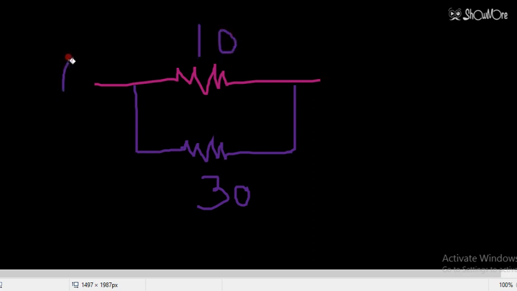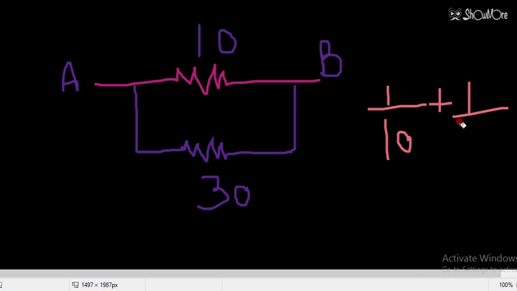So the resistance between point A and point B will be 1 by 10 plus 1 by 30, which is equal to 1 by R. So 1 by 10 plus 1 by 30, after taking the LCM, you can get 4 by 30.